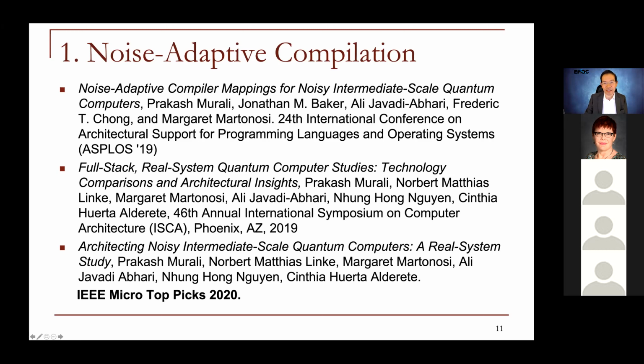This work has had some pretty good impact. In fact, it's really changed the way that most programs are compiled on quantum machines. It's been integrated into IBM software, and it received Top Picks, which is given to about a dozen papers every year in all of classical and quantum computer architecture.